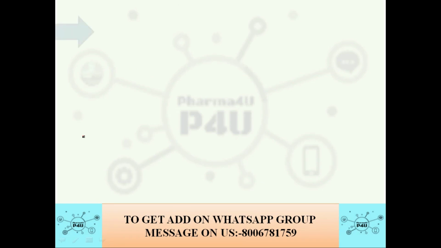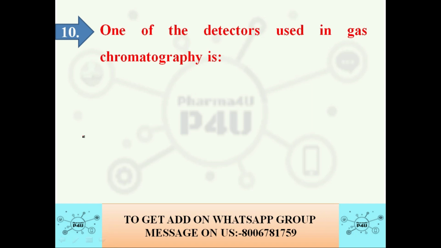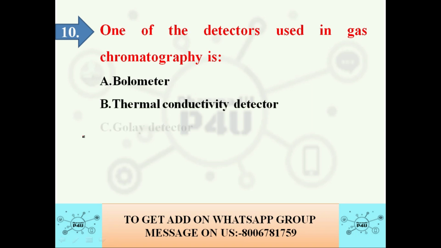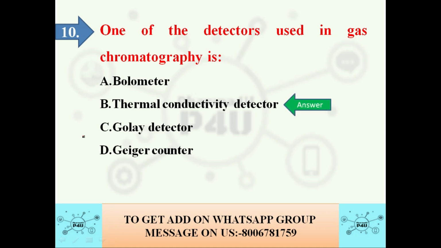And now the next and last question of this video, students. One of the detectors used in gas chromatography is, and the options are: option A bolometer, option B thermal conductivity detector, option C Golay detector, option D Geiger counter. The correct answer is that the thermal conductivity detector is used in gas chromatography.